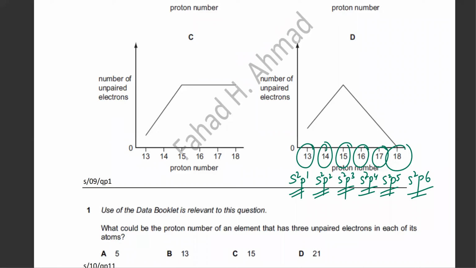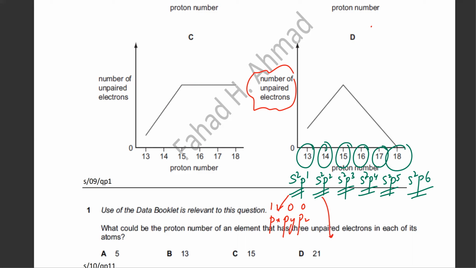Now the question is not about the electronic configuration, it's about the number of unpaired electrons. The p subshell having just one electron means px, py, and pz, with the other two empty, so it's just going to have one unpaired electron.